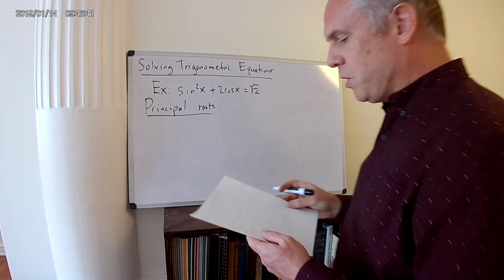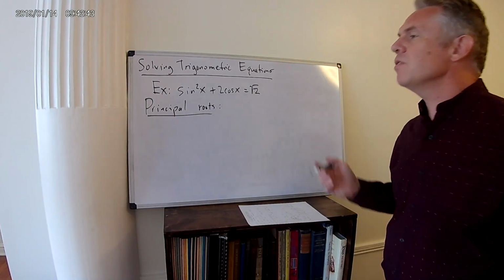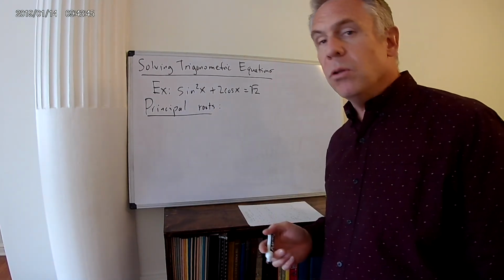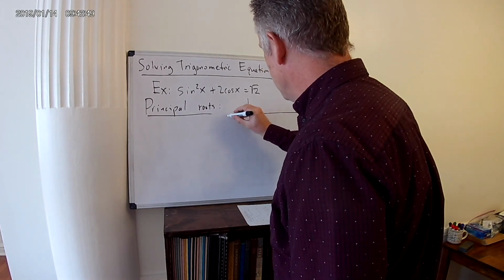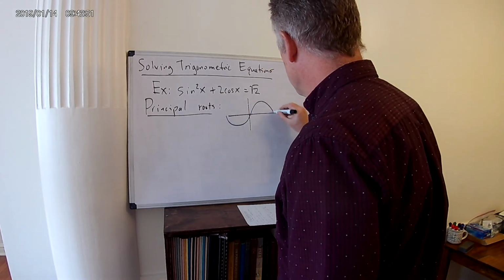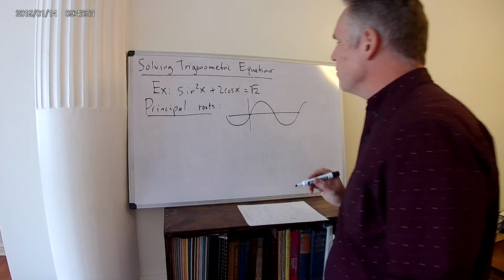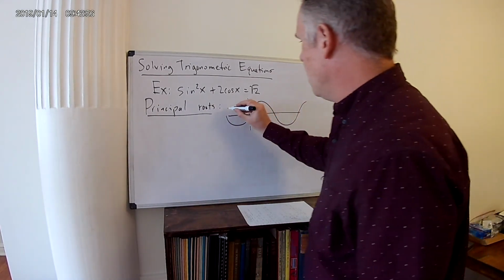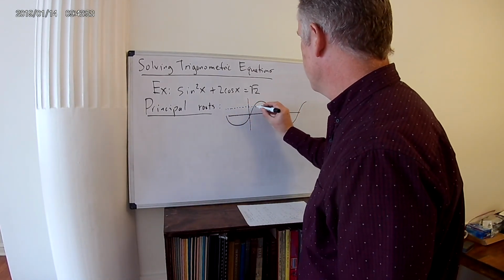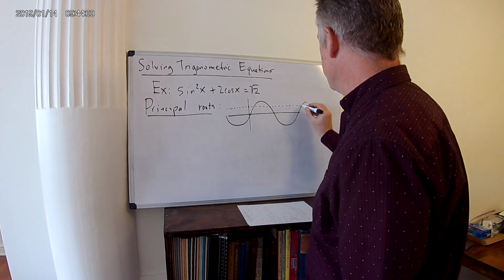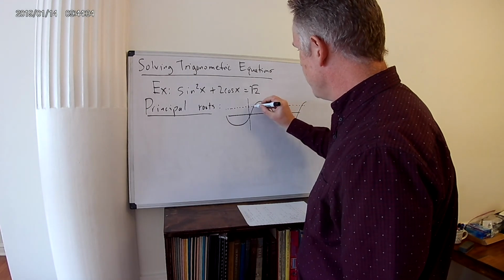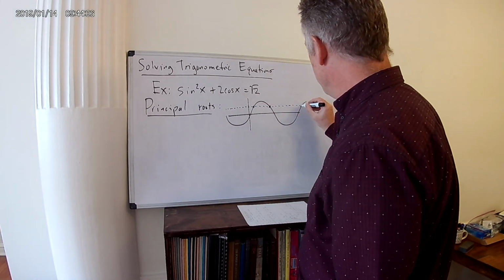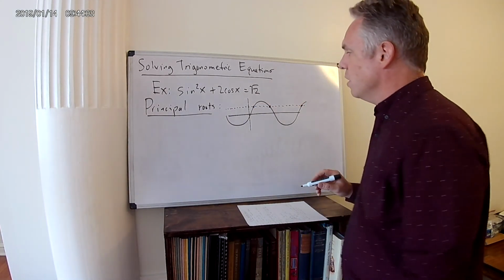To talk about principal roots, because trigonometric functions cycle, like for instance sine of x cycles like this, often the different possible solutions will be represented by a horizontal line, typically the intersection of that horizontal line with various points along the function.